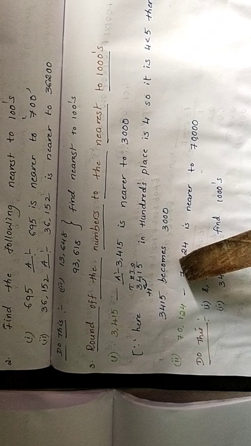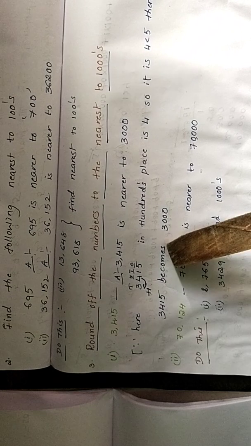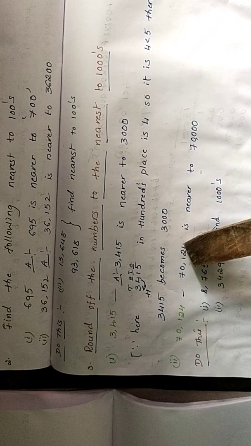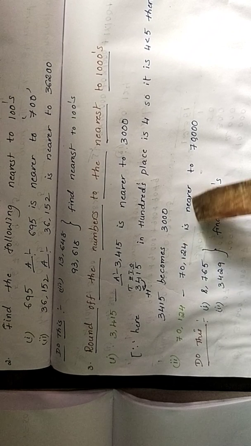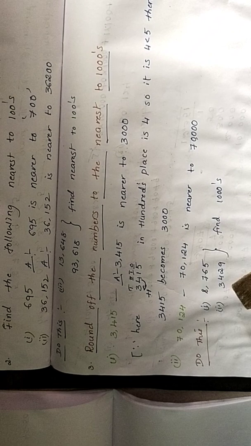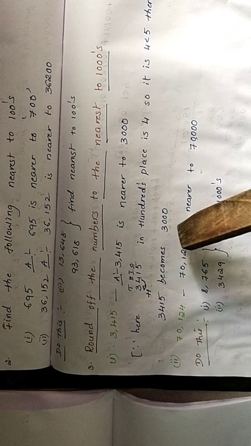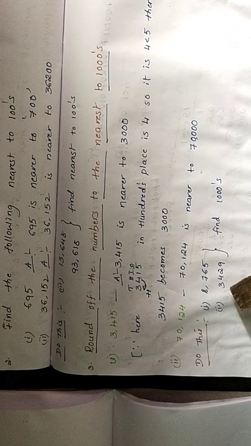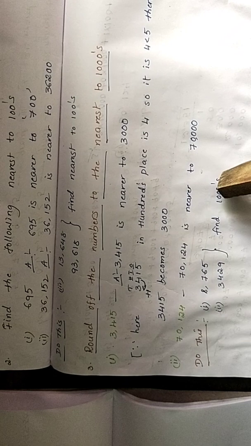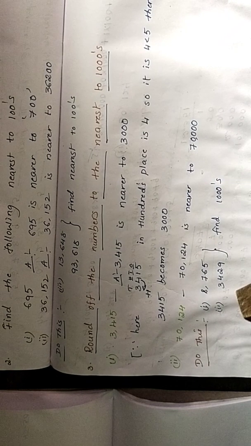That's why we took all zeros here. All these numbers are less than 5. That's why we should put all zeros, 70,000. Next, like this same, you have to do 8,765 and 3,429. Find the nearest thousands. Okay children.